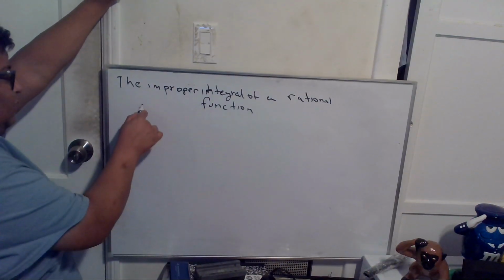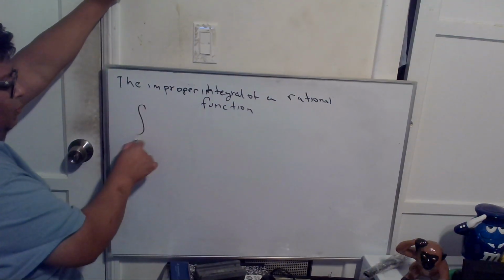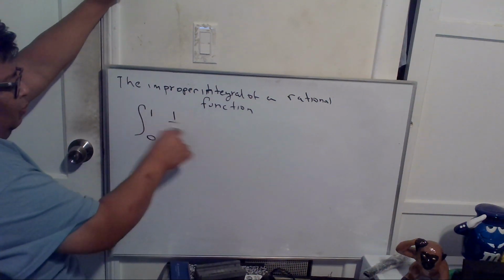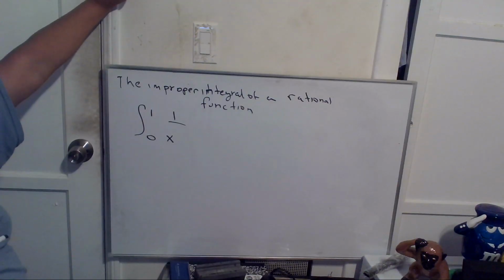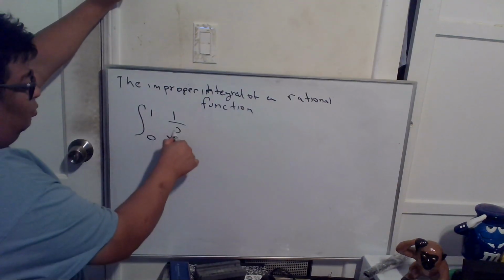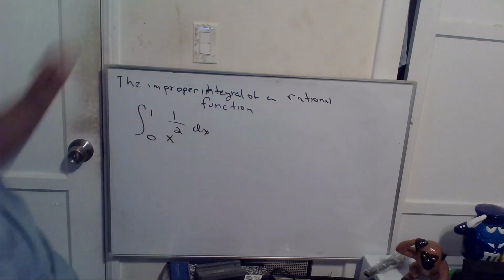The example we're going to give is the integral from 0 to 1 of 1 over x squared dx.